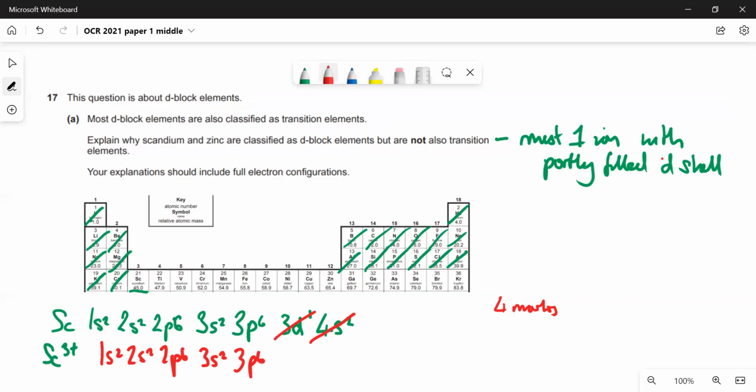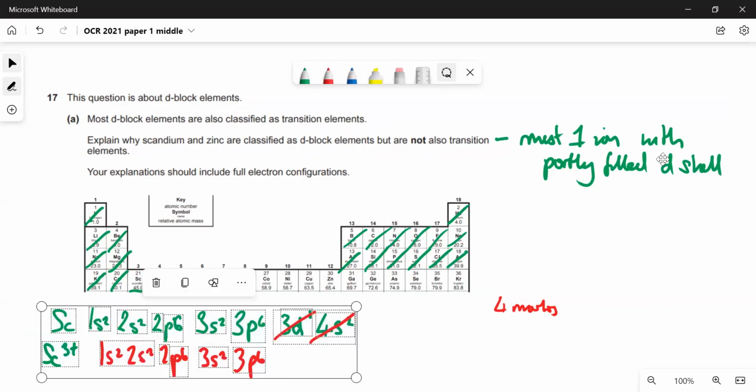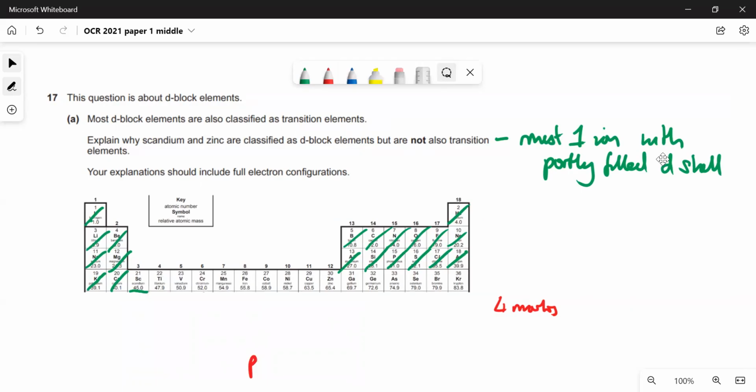Okay, let's look at zinc now. So I think I'll rub this out. Zinc is the same as scandium. So it's 1s2, 2s2, 2p6, 3s2, 3p6, and then we fill up 4s.